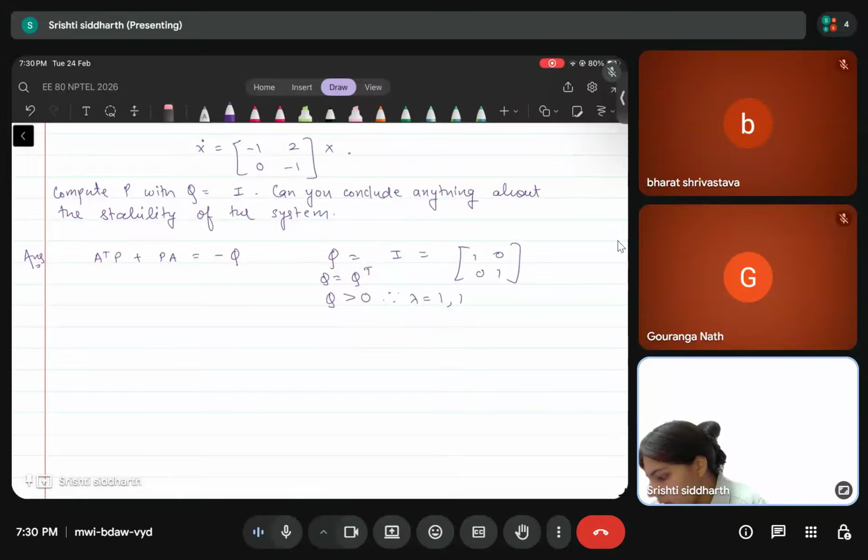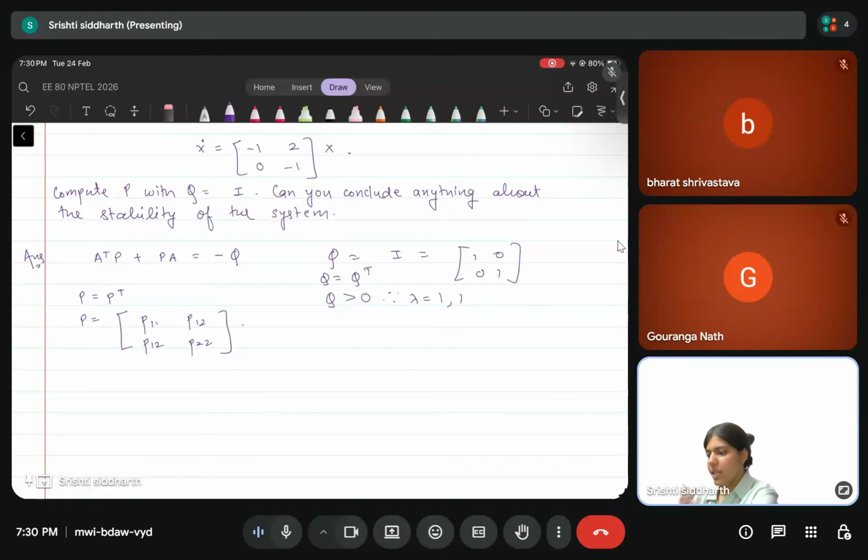So let's see if we can get the solution P. P has to be symmetric. So let's say that P is P11, P12, P12 and P22. So we have to find these three coefficients and then check if P is positive definite.